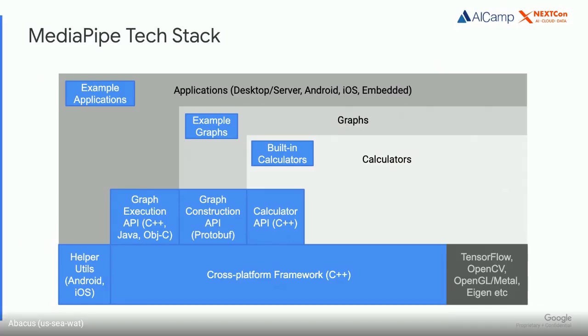So we typically define an inference pipeline in MediaPipe as a protobuf, which is something like a JSON configuration file.